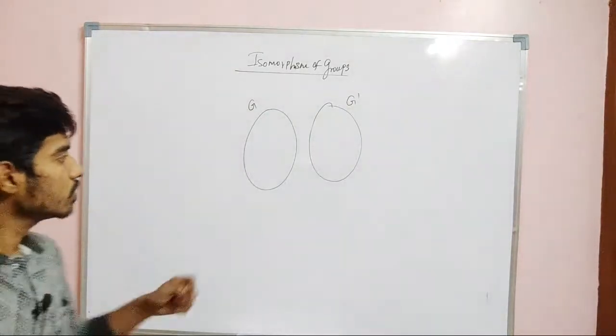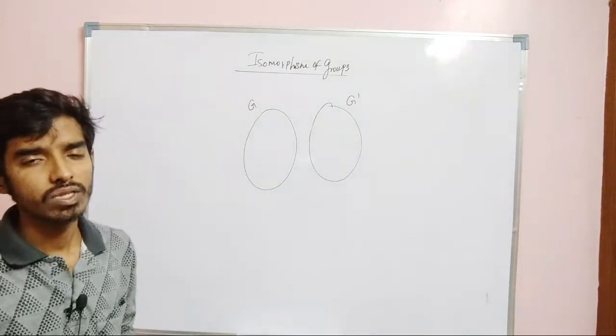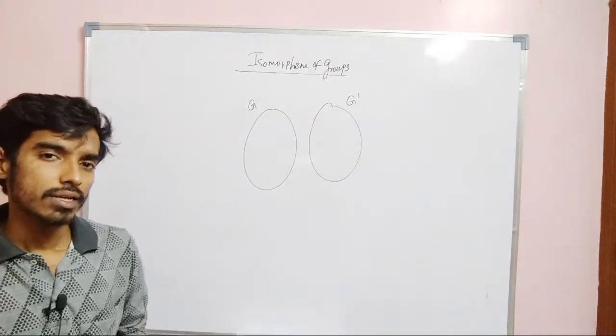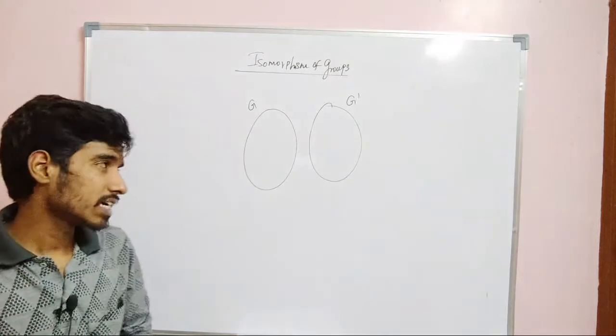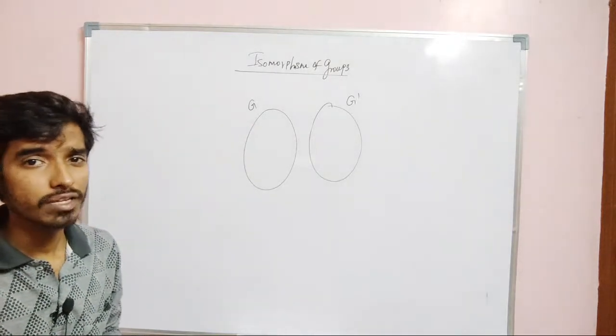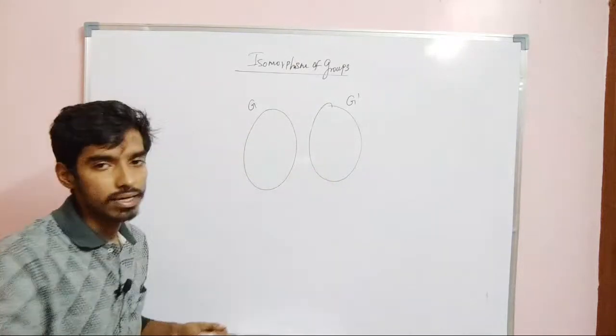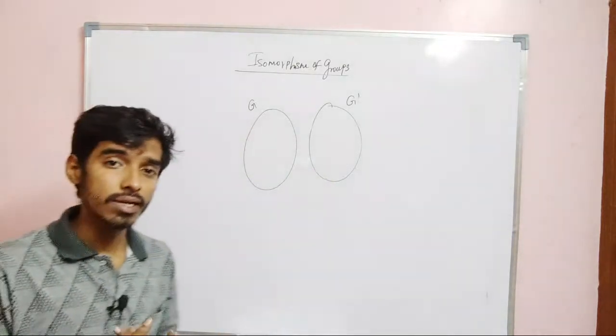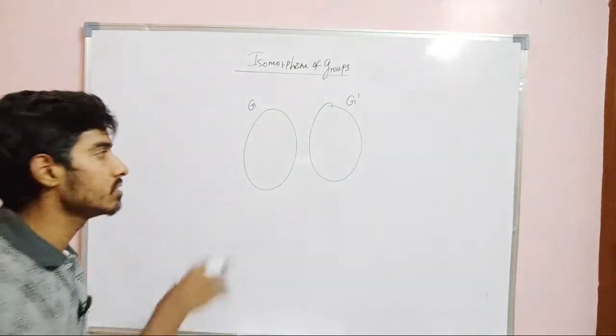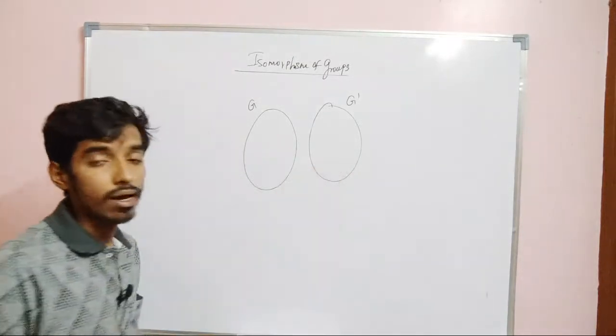Even though they may look different, the structure may be different, but if the properties are the same, then we say the two groups are isomorphic.